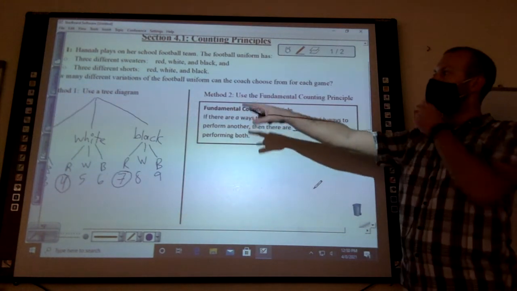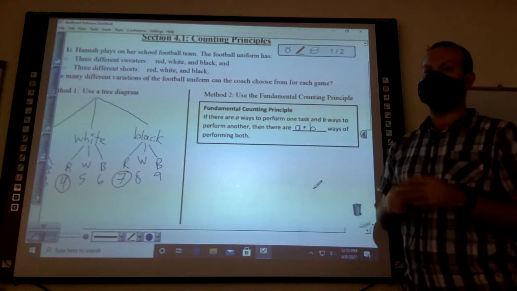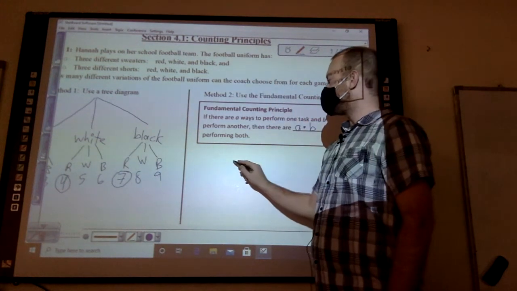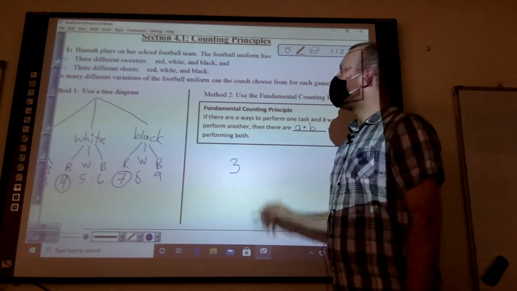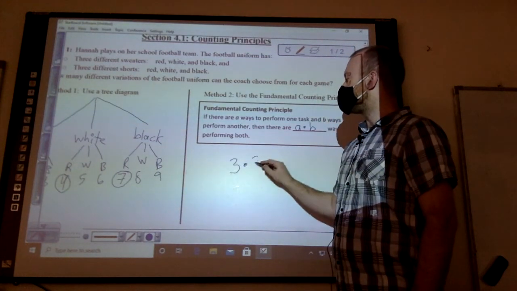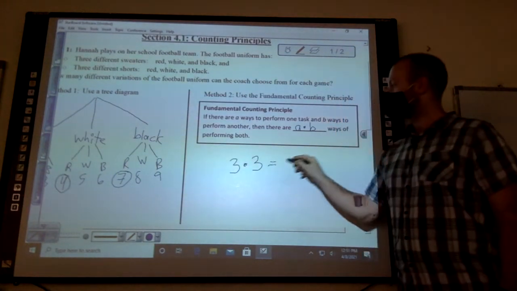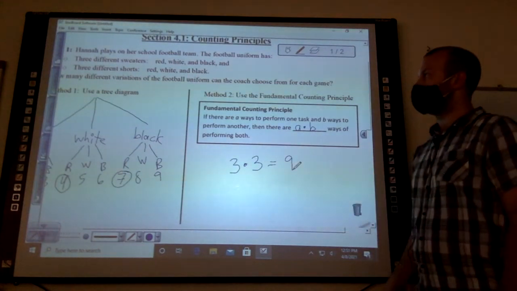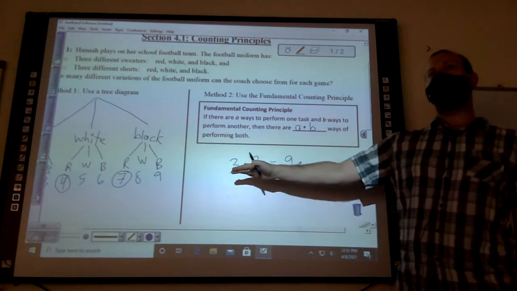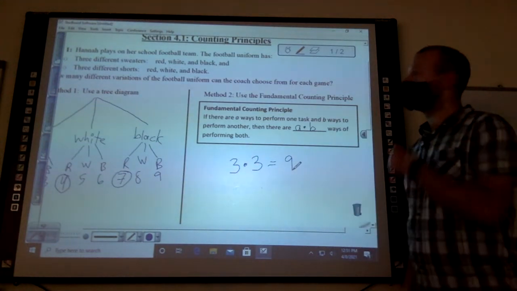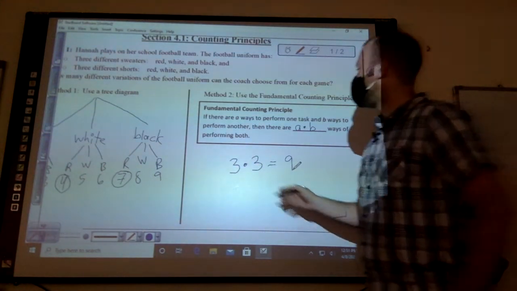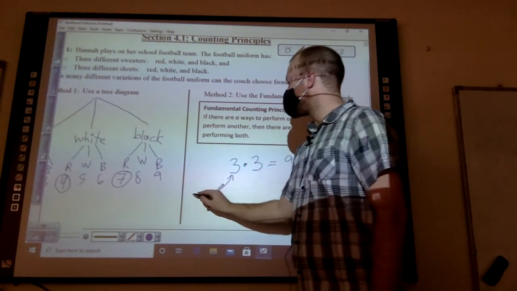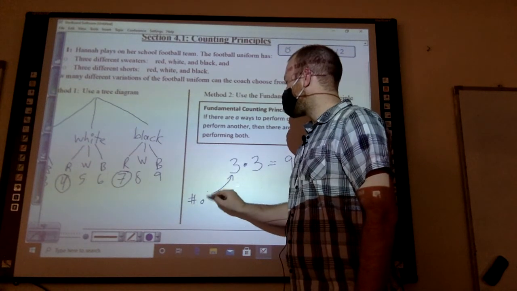So if we were to look at the situation we wanted here, I've got 3 options for sweaters, and I've got 3 options for shorts. The total number is 9, which we already figured out from the tree diagram. So this is a whole lot easier and a whole lot simpler to be able to solve a problem. So if I just explain what each of these are. This is number of sweaters.